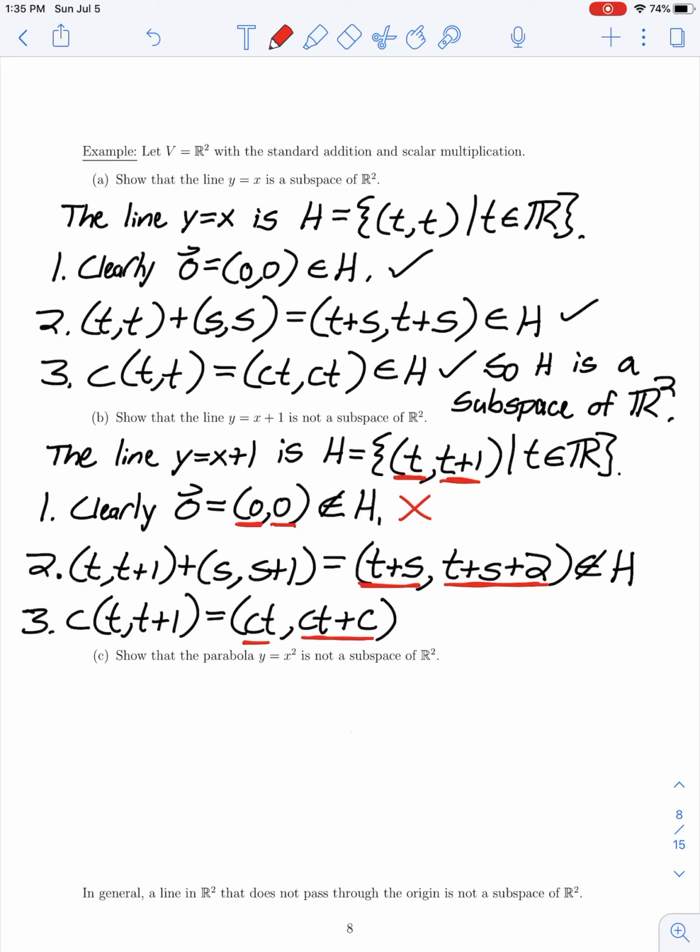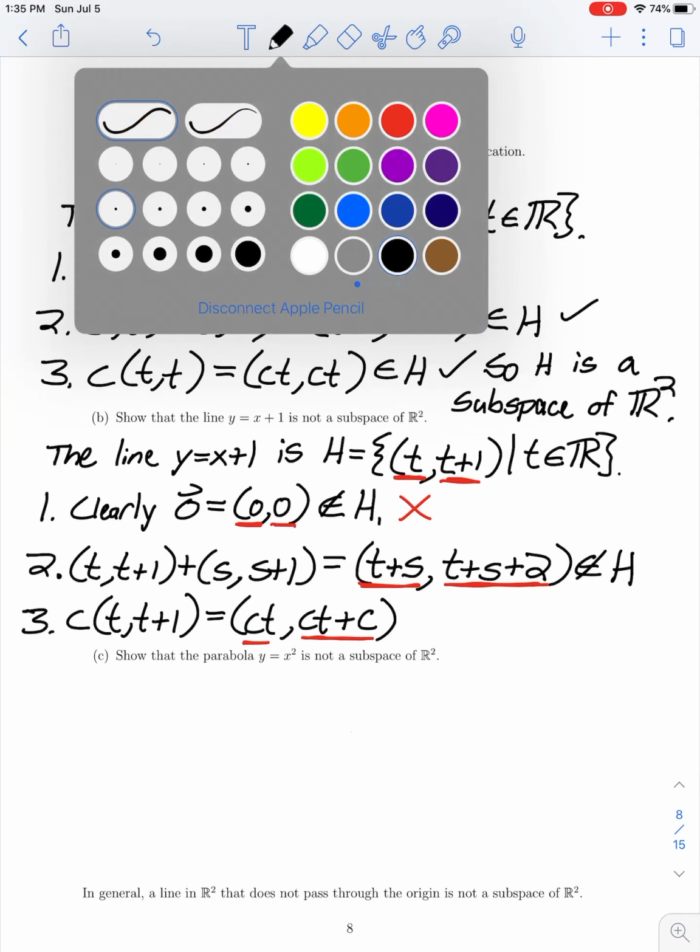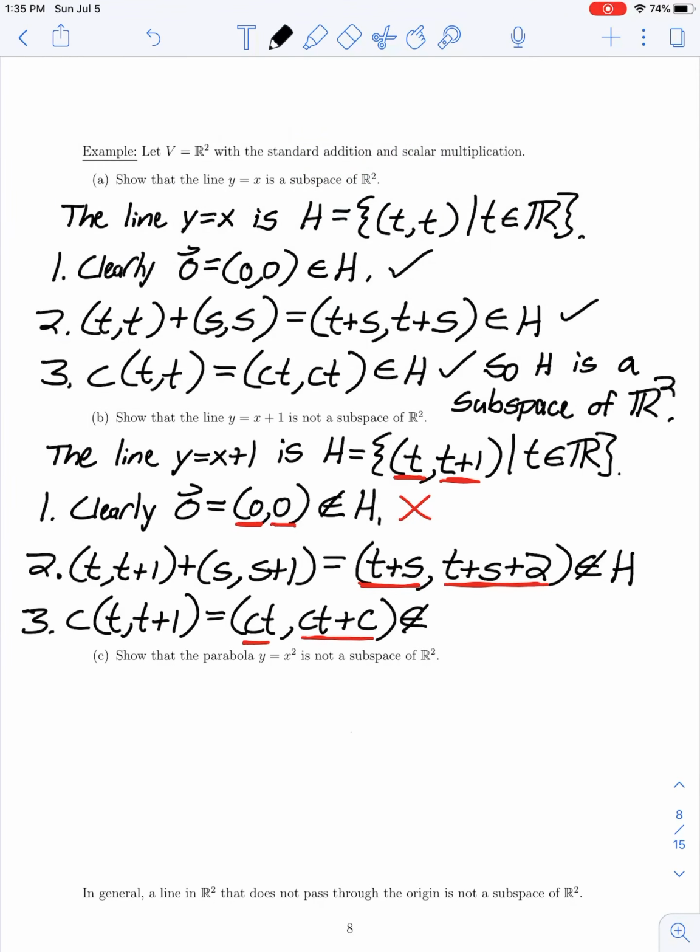So if c is any scalar other than 1, we see that this scalar multiple would not lie in H. So here, the fact that these three properties are not satisfied means that the subset H is not a subspace of R2.